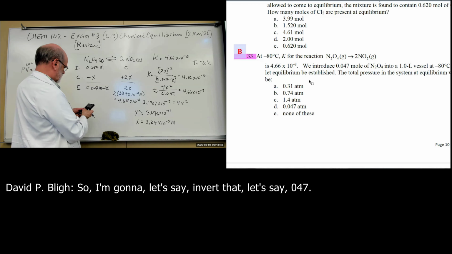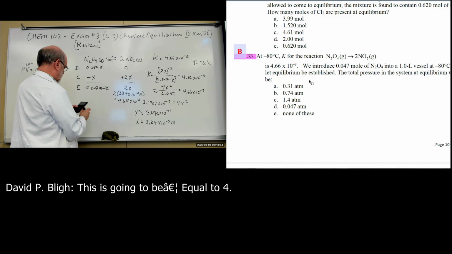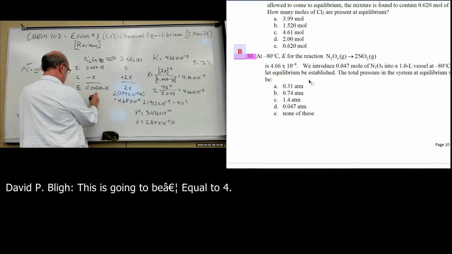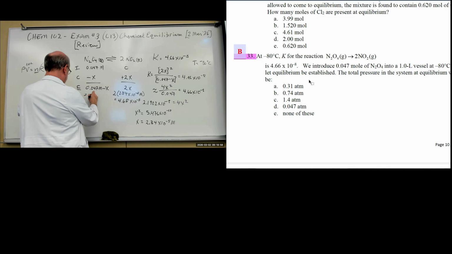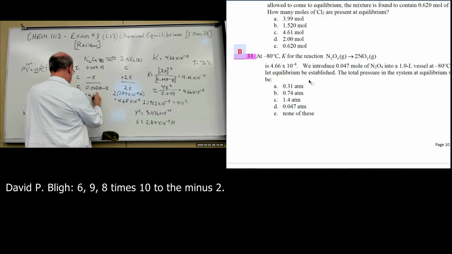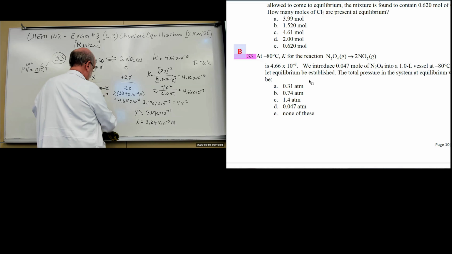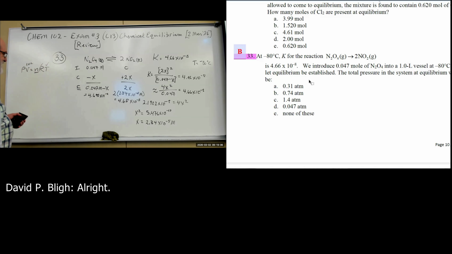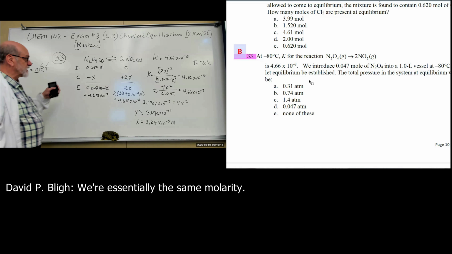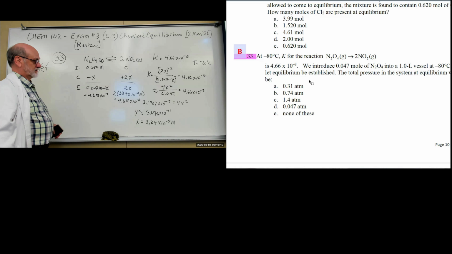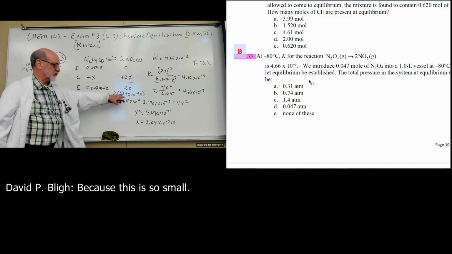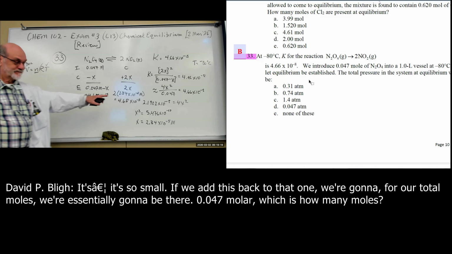So I'm going to invert that, say 0.047. This is going to be equal to 4.698 times 10 to the minus 2. All right. We're essentially the same molarity because this is so small, right?